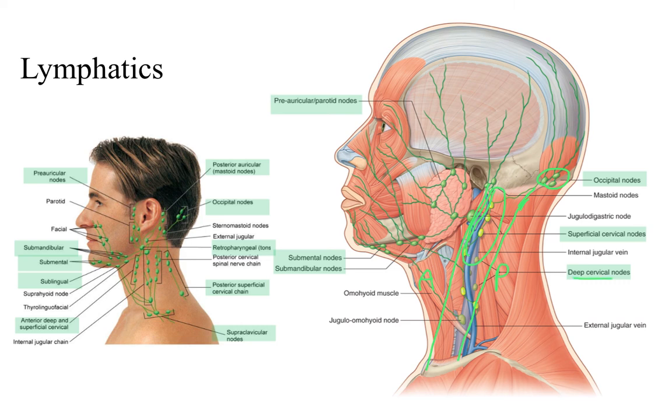Deep cervical nodes, you won't be able to feel as much unless they're really, really infected or affected somehow. And so you'd feel those by wrapping your fingers around the sternocleidomastoid muscle once you find it. And then, of course, you have your submandibular nodes, your submental nodes.